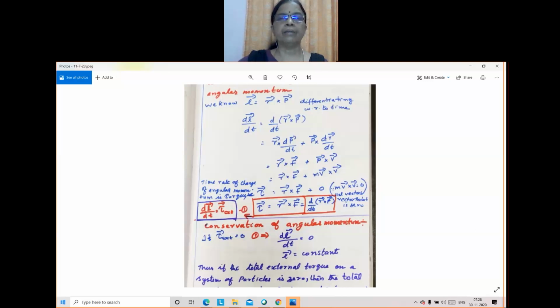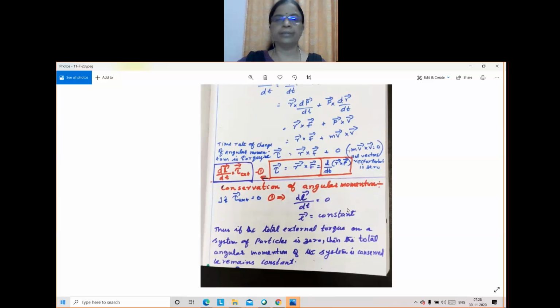Rate of change of linear momentum is force. Rate of change of angular momentum is torque, the net external torque. So that is written here. Torque is equal to r cross F. We got d by dt of r cross P, and we got dl by dt equal to total external torque acting on the system.